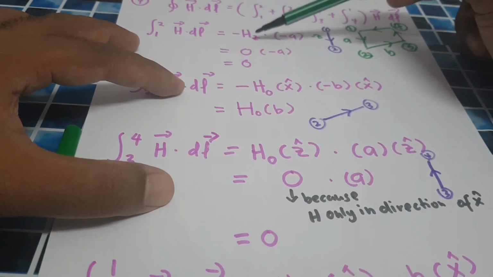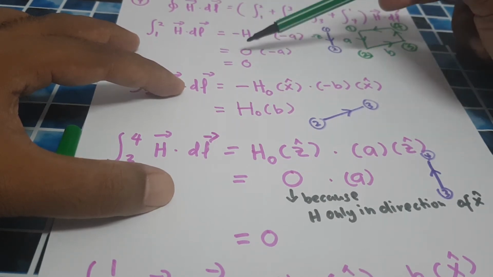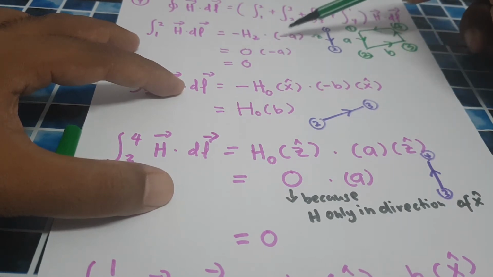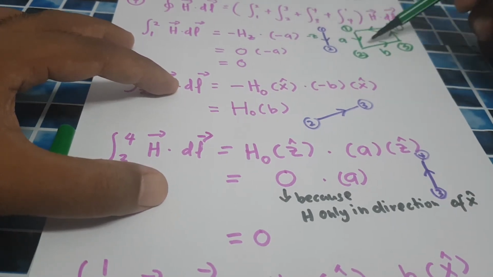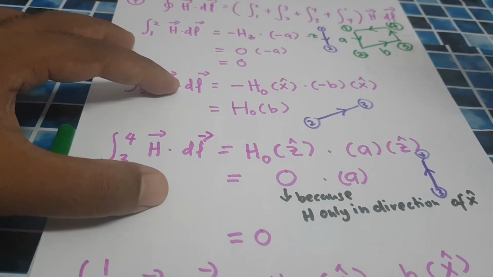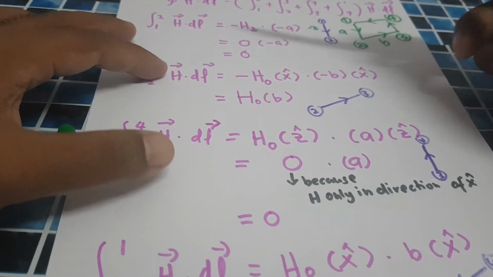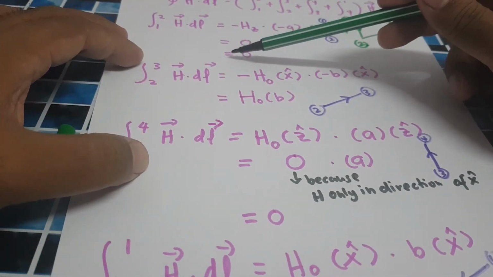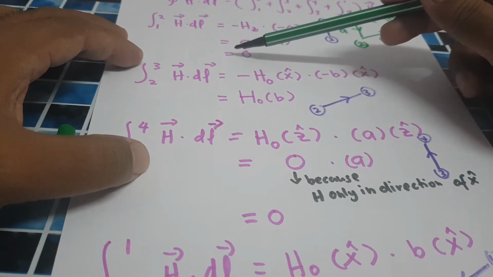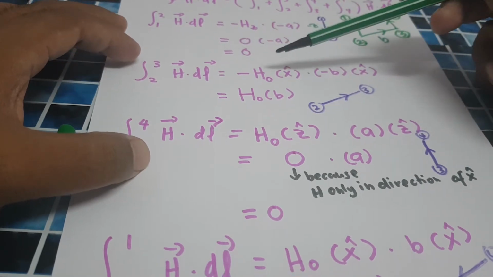When H in the z direction is equal to 0, dl is negative a because the direction is toward negative z. So the integral from point 1 to point 2 equals 0.